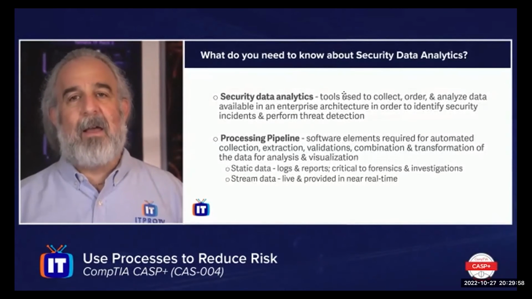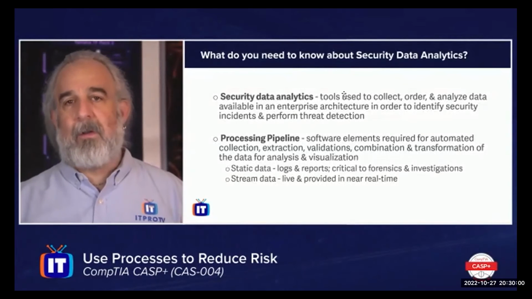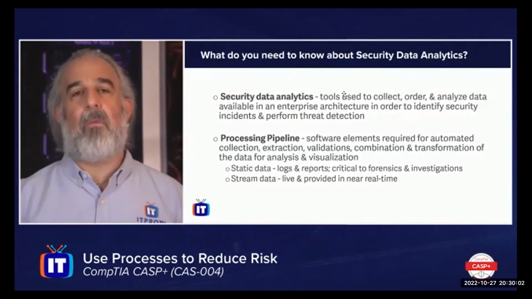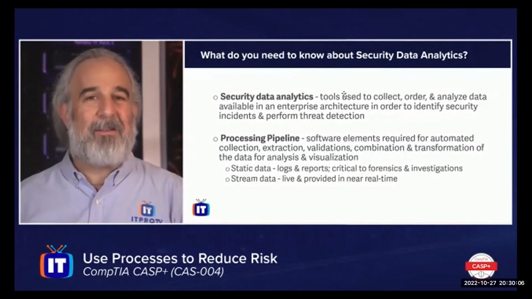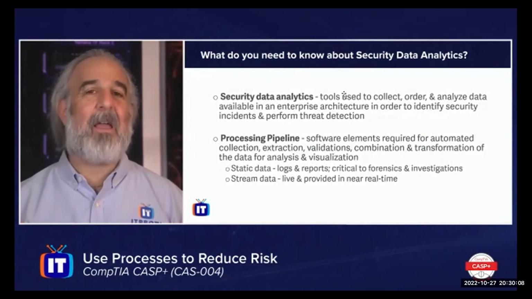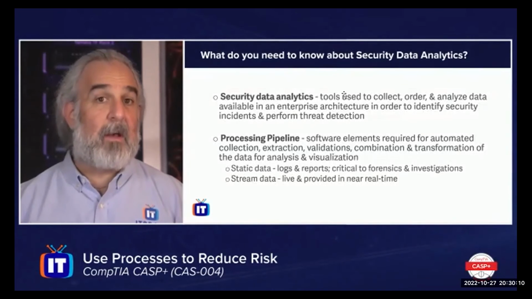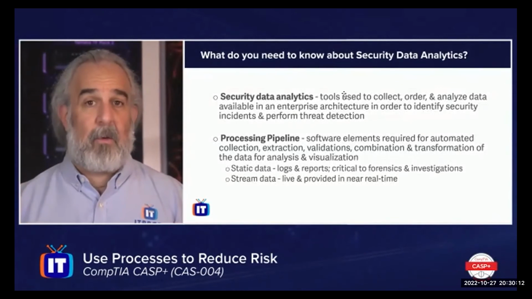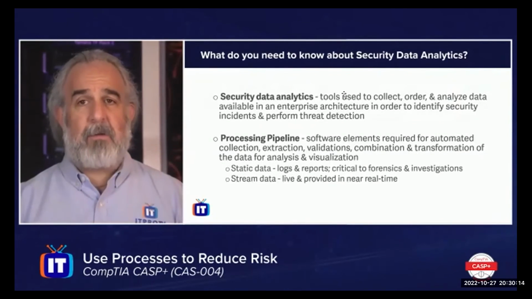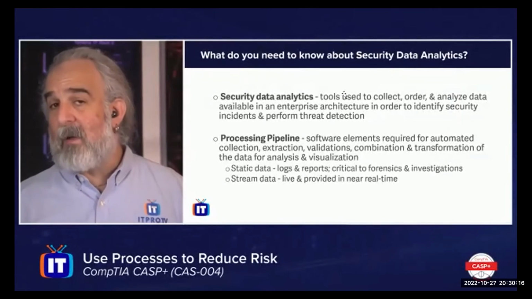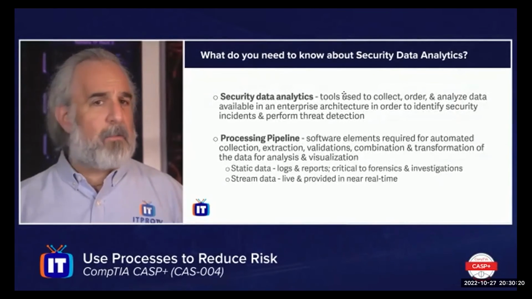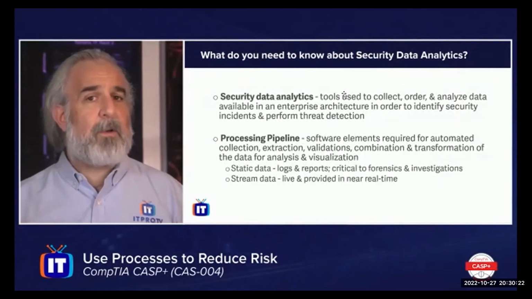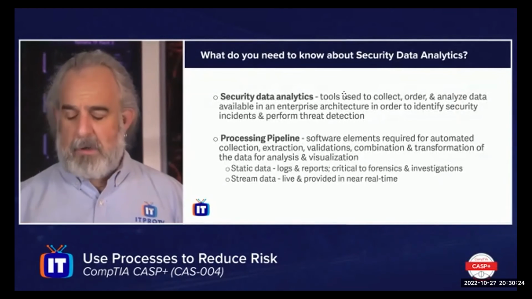And static data is going to be logs, reports, information that is going to sit in one or more systems, that's recorded, but we're not actually bringing it into a system and then aggregating and analyzing it as it's coming in. We're going and gathering it if and when we have an issue. As I mentioned, things like forensics and investigations would tend to rely on static data. So when we're thinking about processing pipelines, we just want to understand we can work with different types of data, and it is important to note that.